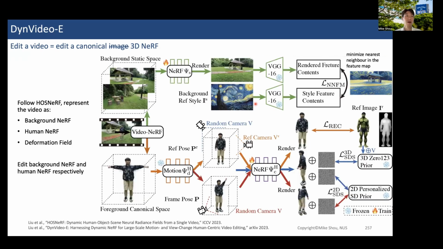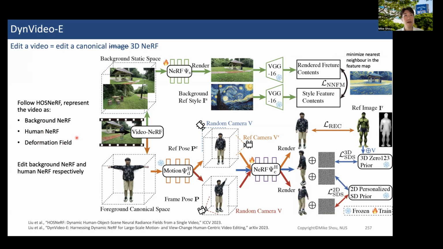This work of representing the 3D world as NeRF comes from our previous work in ICCV 2023, so-called HOSNeRF, dynamic human-object-scene neural radiance field from a single video. Given a single video, we optimize three NeRFs. The first NeRF is about the background, and there are another two NeRFs or MLPs.